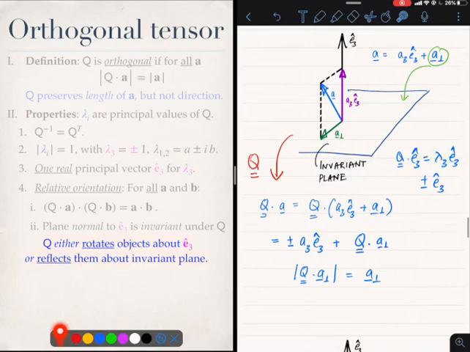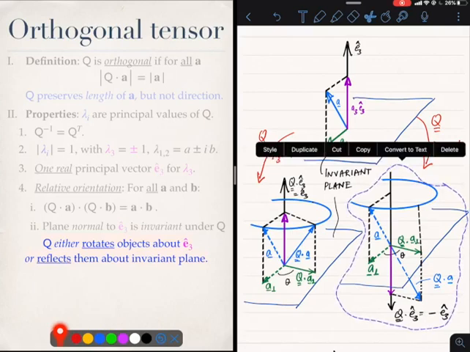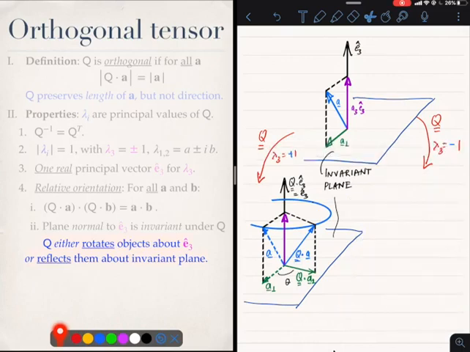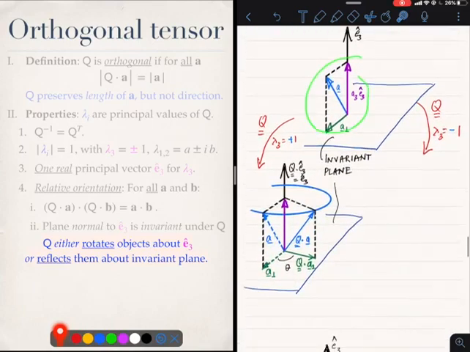So what we have is basically this picture, which I have already drawn for you because I didn't want to waste your time while I struggle with drawing. Okay, so let me first eliminate the right side of the picture so that you don't get confused by the clutter. Okay, all right. So here I am operating with Q on this picture, the one you saw over here, and lambda 3 is plus 1.